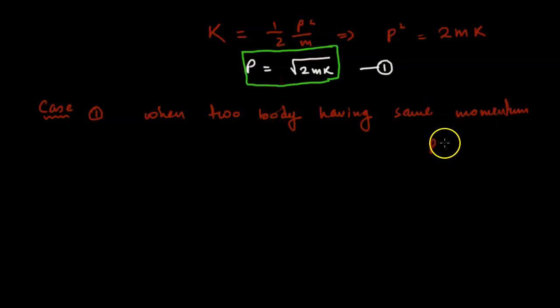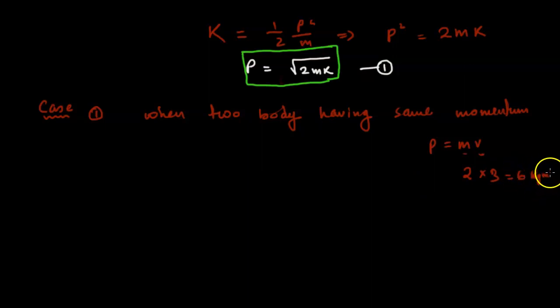We know the momentum is mv, but if bodies have the same momentum, it doesn't mean that both have the same mass and velocity. It could be different. For example, if a body has 2 kg mass and the velocity is 3 meter per second, the momentum is 6 kg meter per second.